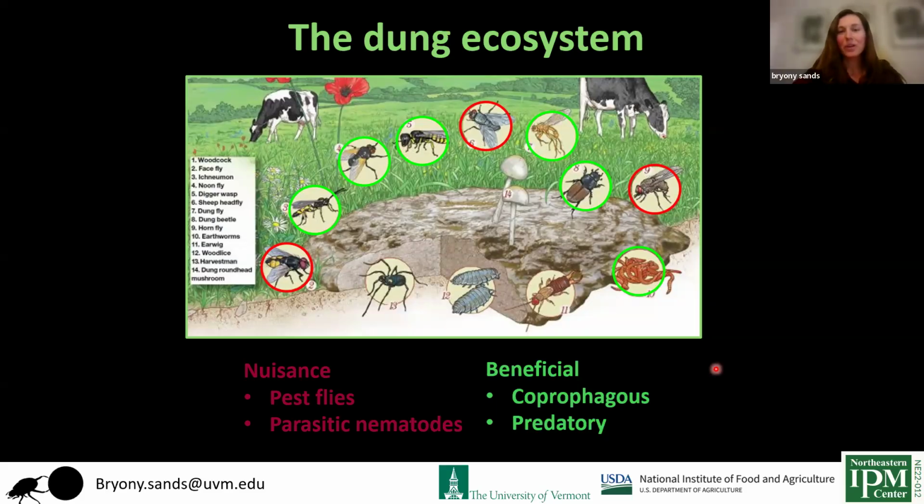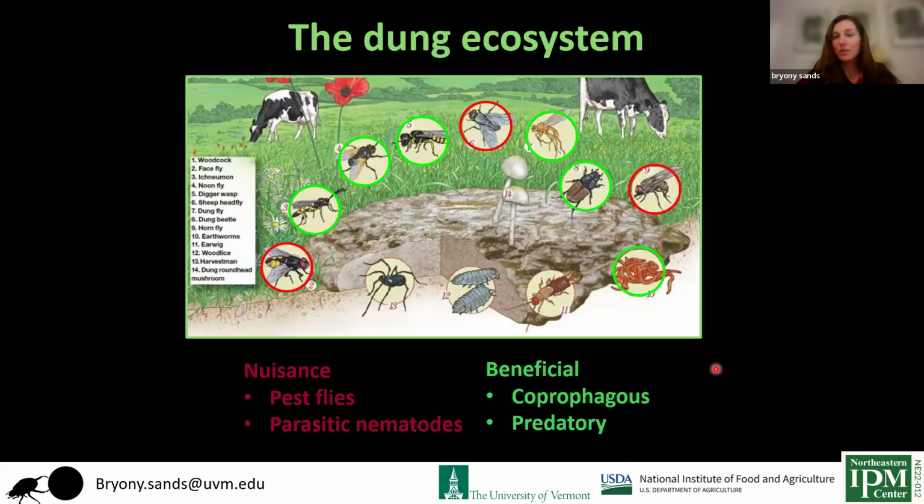We have coprophagous insects, which will eat manure and live there and breed in it. They are very important in dung decomposition, recycling all of those nutrients and organic matter back into the soil, helping with pasture fertility.